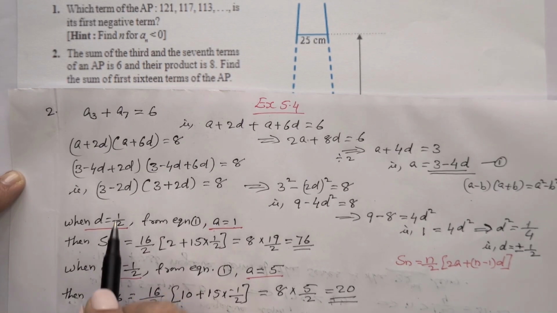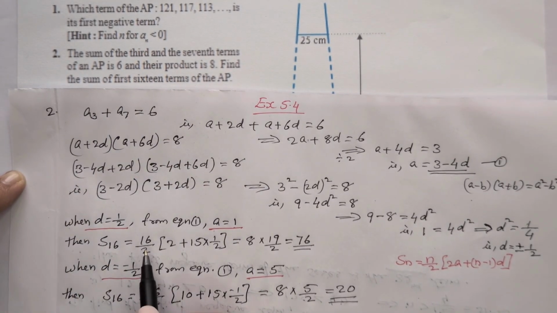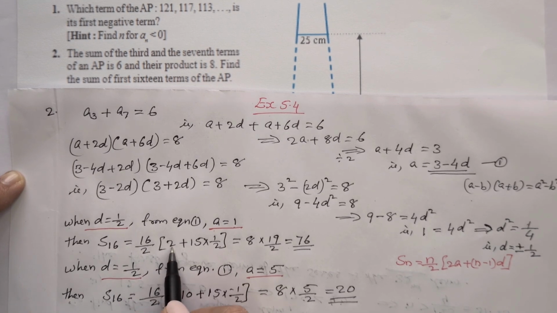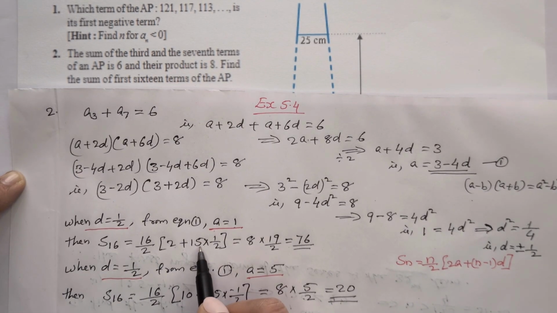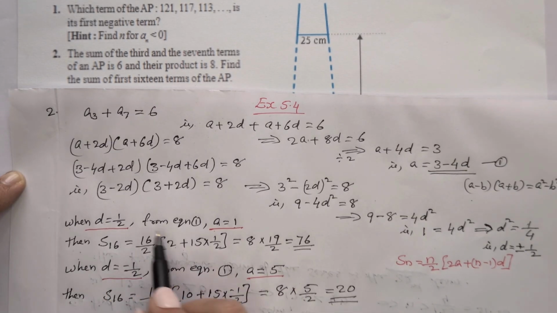So S16 is equal to 16 by 2 into 2a, here a is 1, 2 into 1, 2 plus 16 minus 1, that is 15, into d, which is 1 by 2. Take the LCM here.